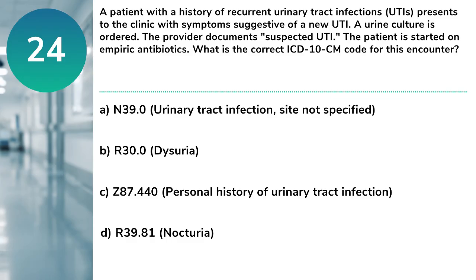A. N39.0, urinary tract infection, site not specified. B. R30.0, dysuria. C. Z87.440, personal history of urinary tract infection. D. R39.81, nocturia.